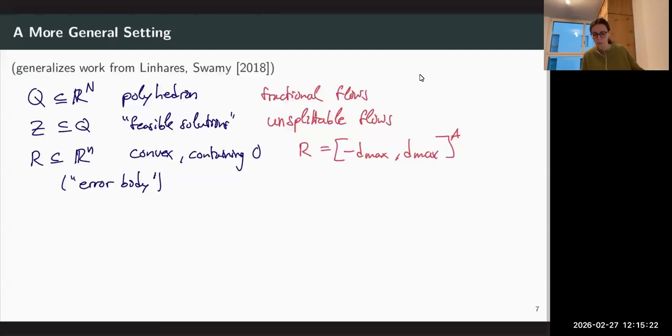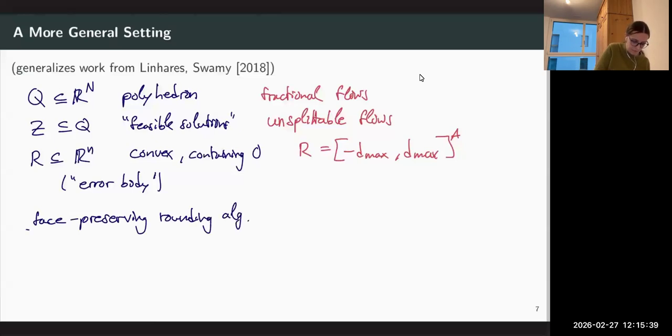What we assume for our main result is that we are given a so-called phase-preserving rounding algorithm. Let me explain what this means. We assume this to be given as an oracle.